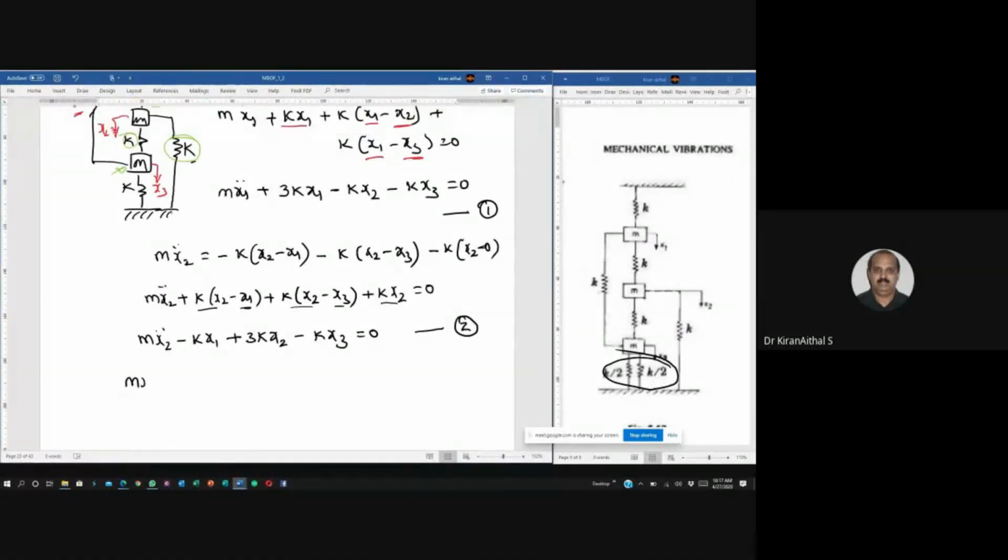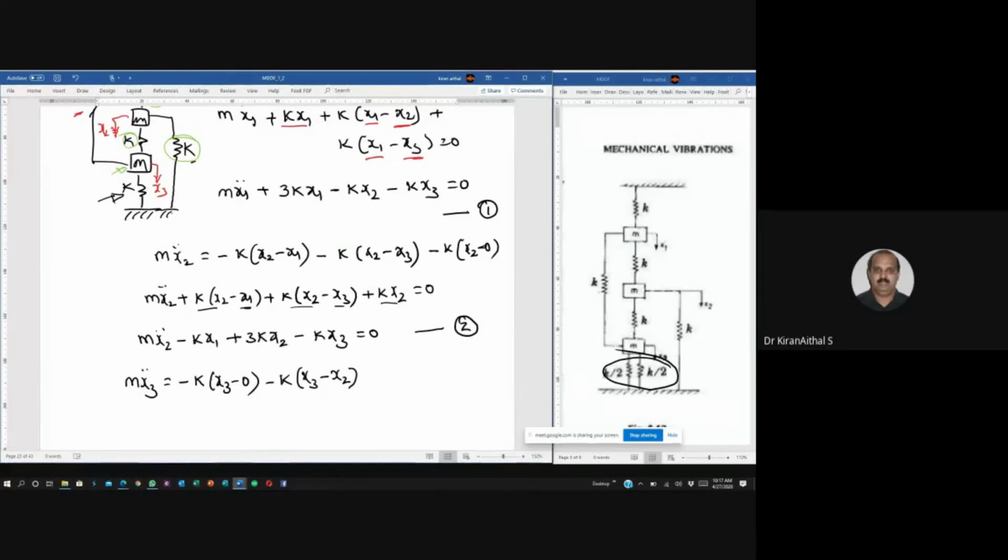m x3 double dot is equal to minus k into (x3 minus 0). This particular mass, if I take, that becomes x3 minus 0. I will take the upper one now. I will say minus k into (x3 minus x2).